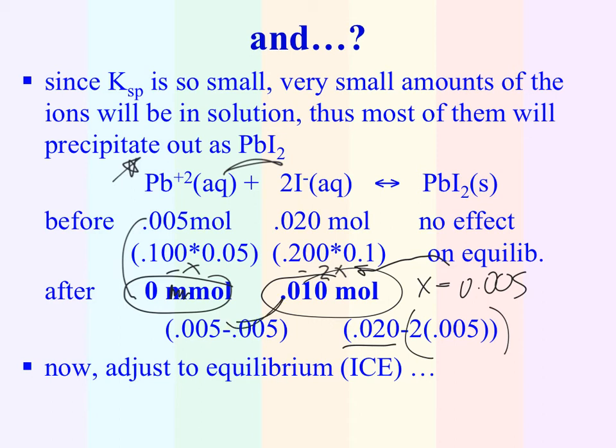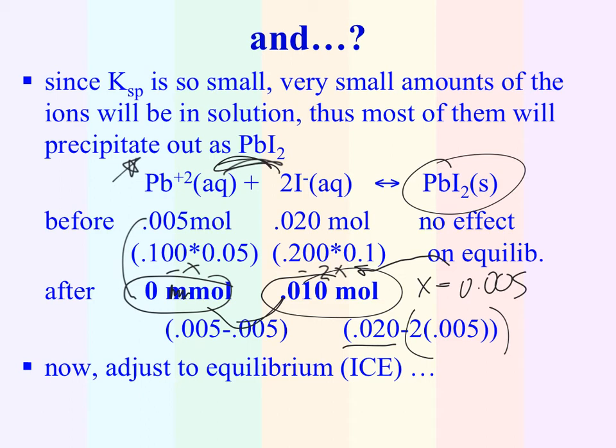So notice, we have 0 moles of our lead ion and 0.010 moles of our iodide ion after the precipitation of PbI2. They want us to figure out how much of these two ions exist at equilibrium.